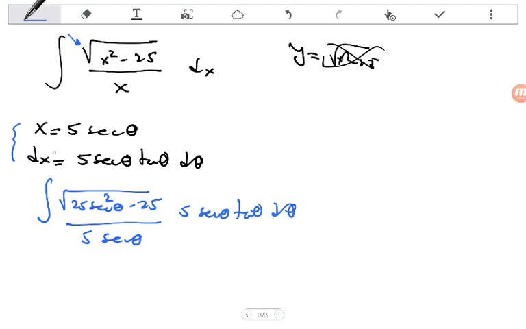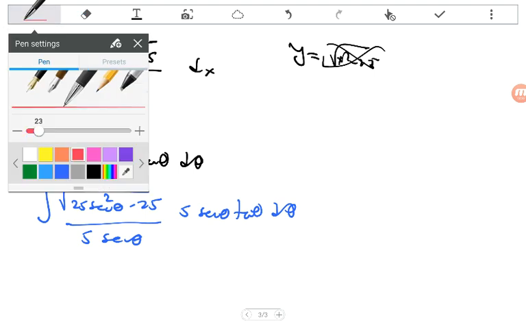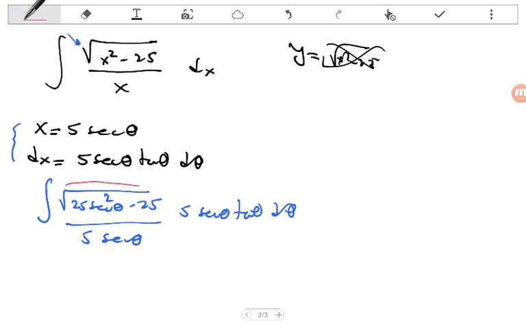Okay, now let's focus on this. First, we will have a squared as a common factor under the root, so we take the a squared out of the root with its power, so it will be 5.